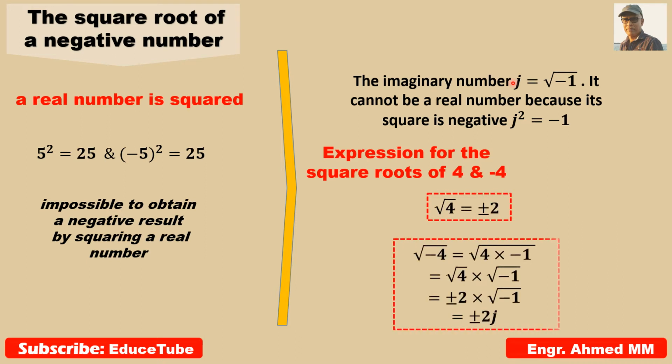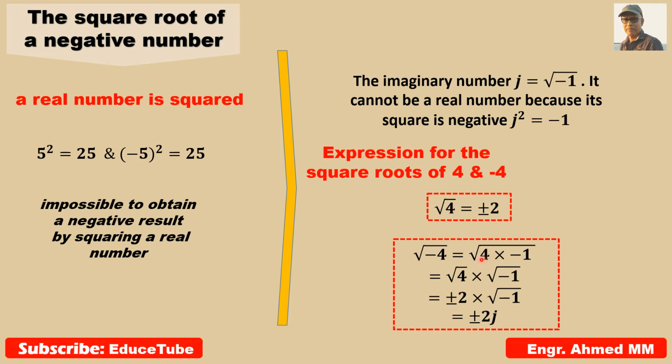Let's find the expression for the square root of 4 and minus 4 with this imaginary number. So how to do that? The square root of 4, we can write plus minus 2. But for the square root of minus 4, easily we can write 4 multiplied by minus 1 under the square root.